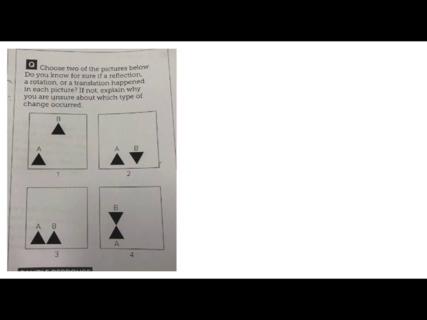So, you can choose any two pictures here, and in Google Classroom, I want you to type to me in your Google Docs a little page that tells me what happened in these pictures, and just two of them. If you're sure it's a reflection, a rotation, or a translation.